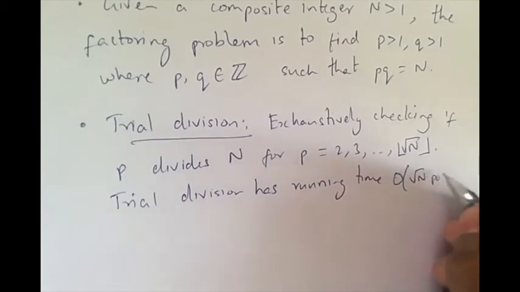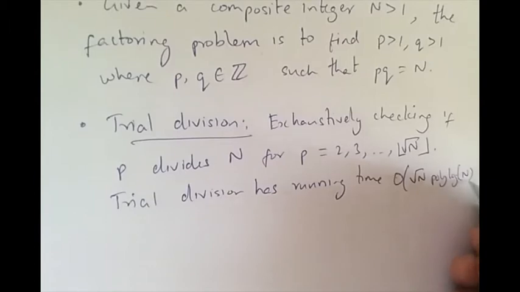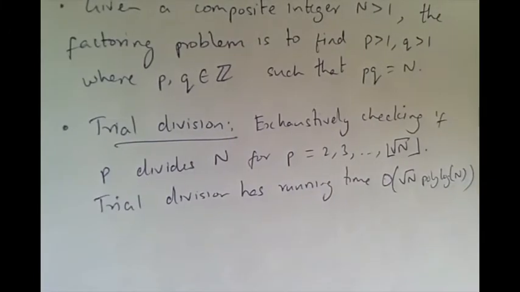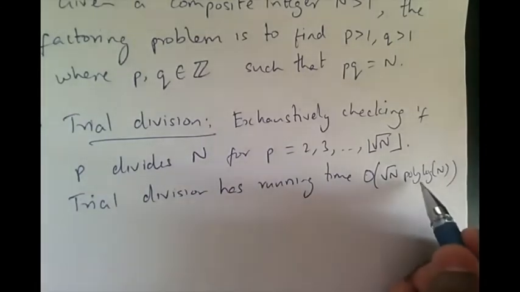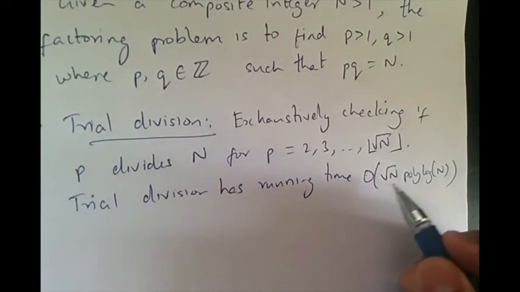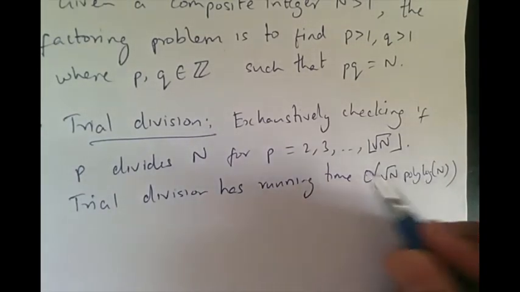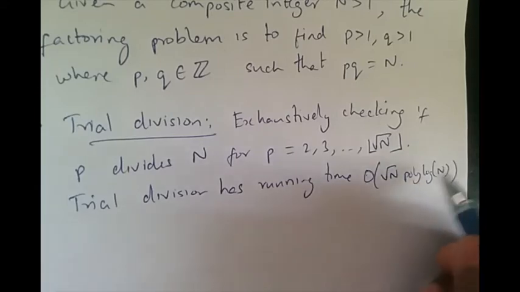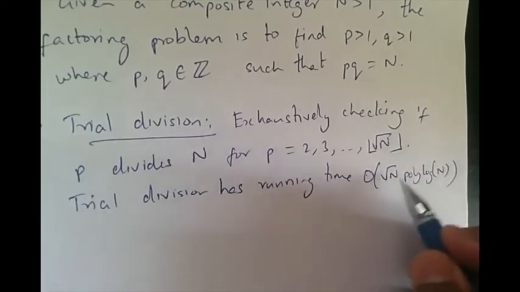So it is polylog n. Log n is the number of bits used to represent n, and each step, the division algorithm, has running time polynomial in the bit length of n, which is itself log n. Again, this is the worst case.